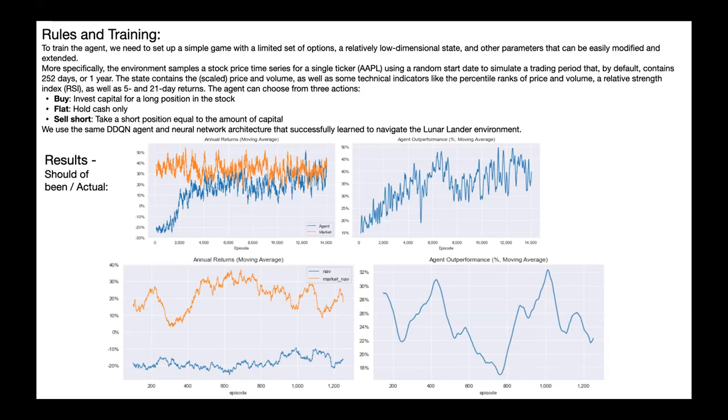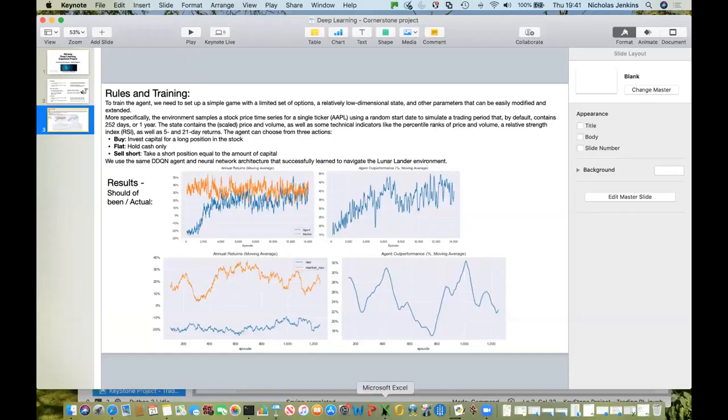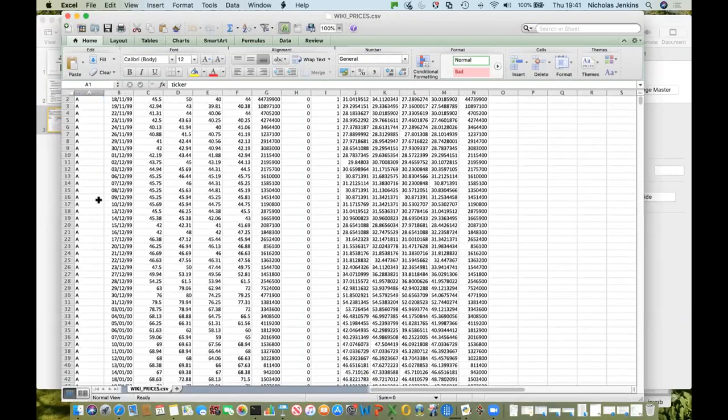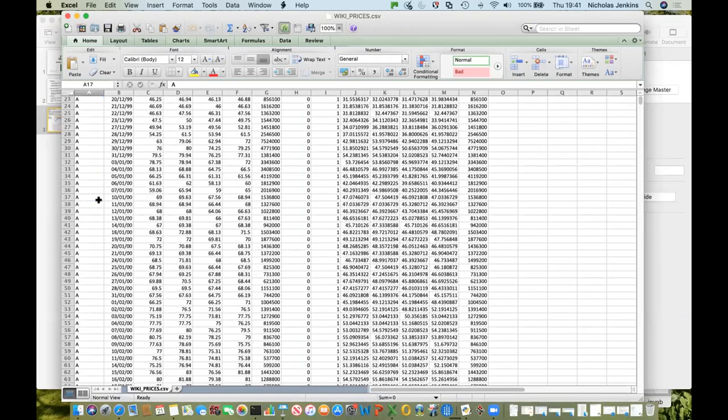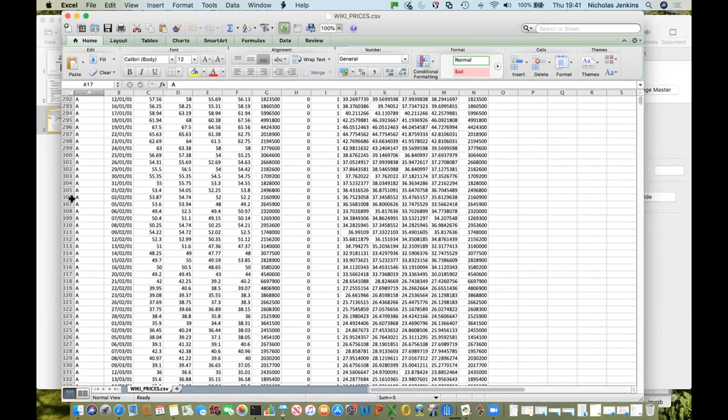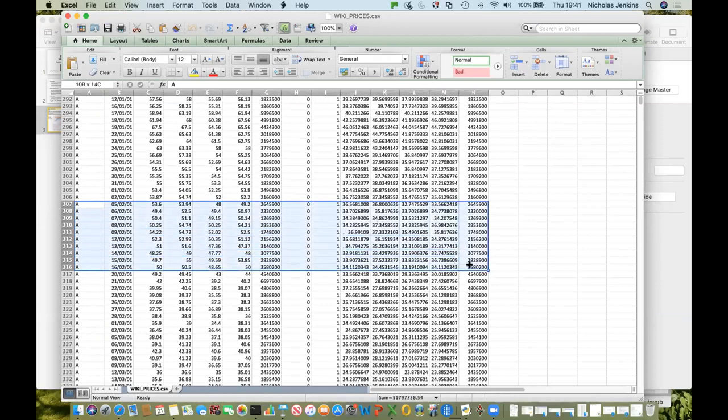So any questions? So the data set here is just previous price movements, or are there other variables that feed in? Yeah, so let me give an example. So here we go. I think Apple's down here. Anyway, so these are daily price movements over the last 10 or so years.